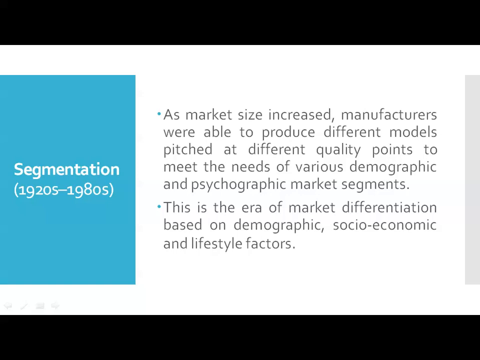This is sometimes known as one to one marketing. So, in this particular lecture or unit, we will only concentrate on segmentation. But before segmentation, fragmentation and mass marketing concepts were there, and after segmentation the hyper segmentation concept is there.